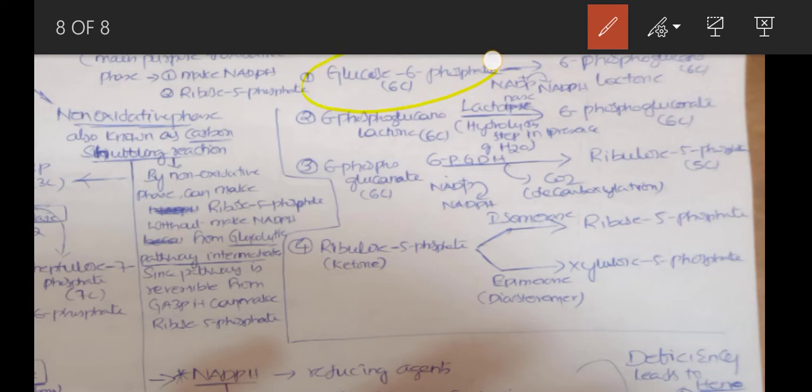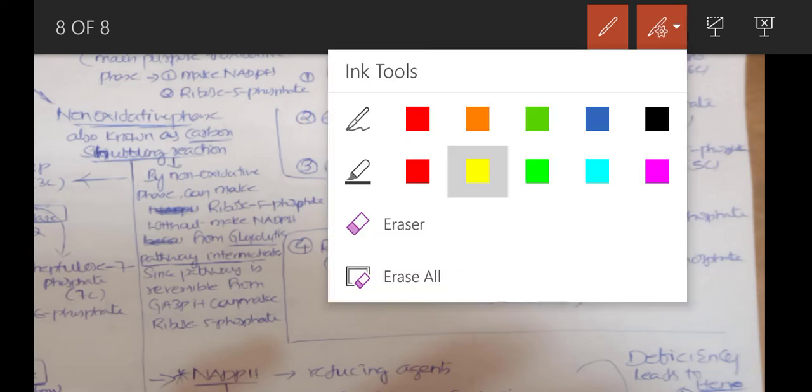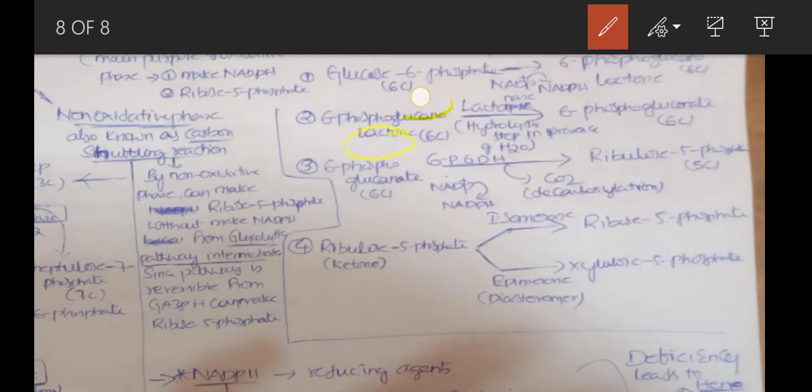This glucose 6-phosphate is converted into 6-phosphogluconolactone in the presence of glucose 6-phosphate dehydrogenase. NADP plus will be converted into NADPH, right? Next step, this 6-phosphogluconolactone in the presence of lactonase and water will break the bond, so the lactone and glucose will be separated.